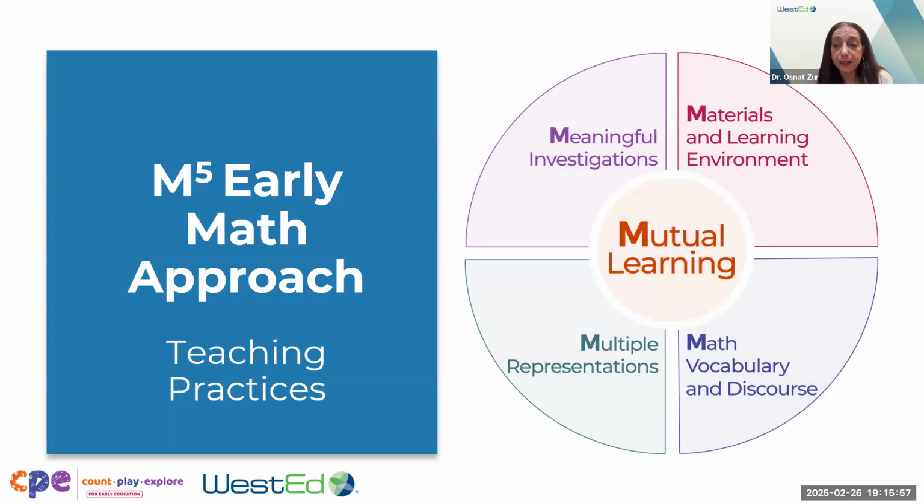We have mutual learning in the middle because we want to learn and be responsive to individual children. And we'll talk more today about this bidirectional process of teachers learning from children in the same way that children learn from teachers, and how teachers can use this information to tailor their support to individual children.